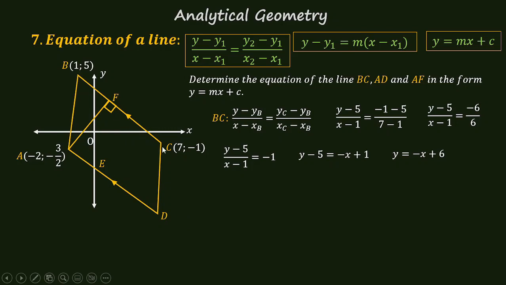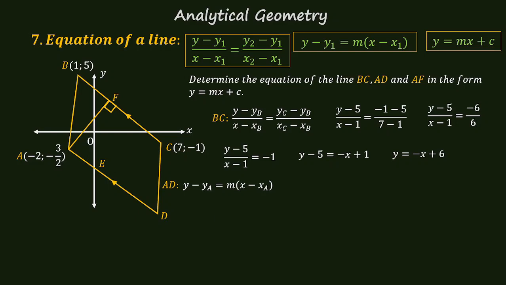And we know that parallel lines have the same gradient. We know the gradient of BC because from this equation, we have the value of m, which is minus 1. Therefore, the gradient of the straight line BC is minus 1, meaning that the gradient of the straight line AD will also be minus 1.